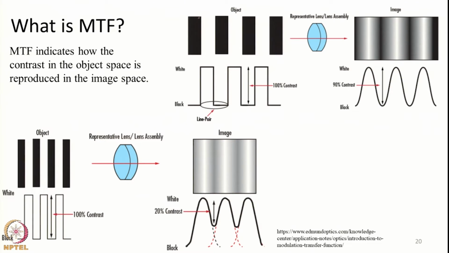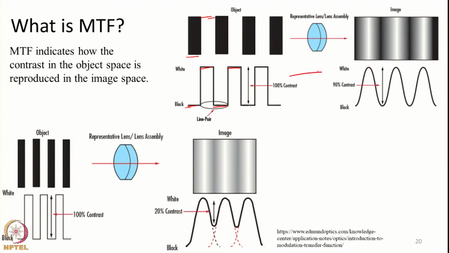The object space has bands of dark and white patches. Essentially, if you take an image signal from this, here it will be 0 signal, it is extremely dark. Here it will be 100% signal, extremely white, again 0, 100. So, it is a very high contrast object space.